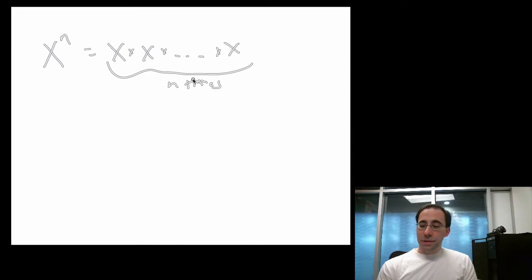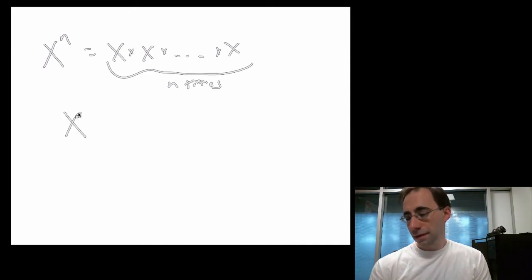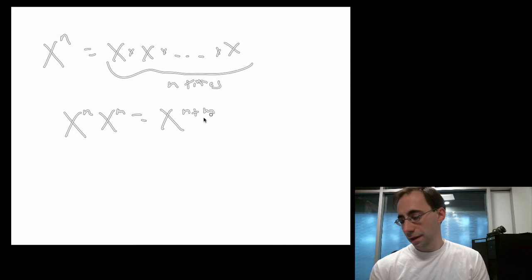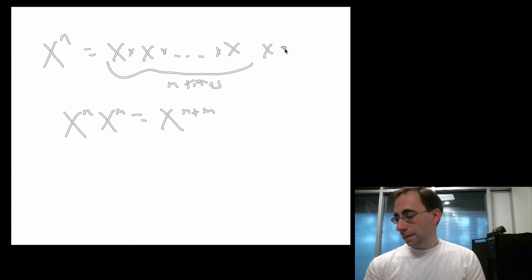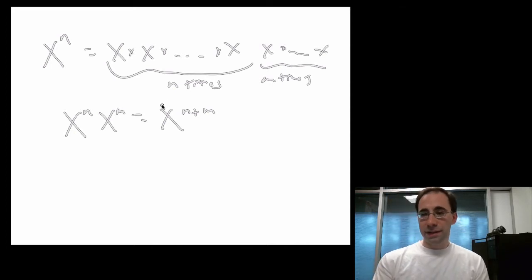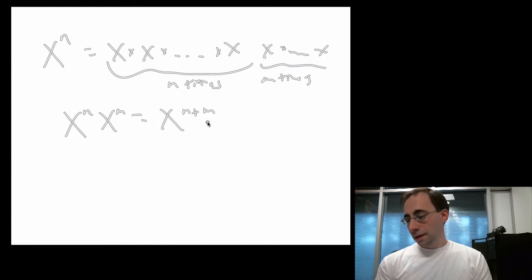You can manipulate exponents. If you have two x's, you multiply them together, you can add the exponents like this. And you can see that if you just go through and multiply n times and then m more times, so m times, right, so you have n plus m x's.